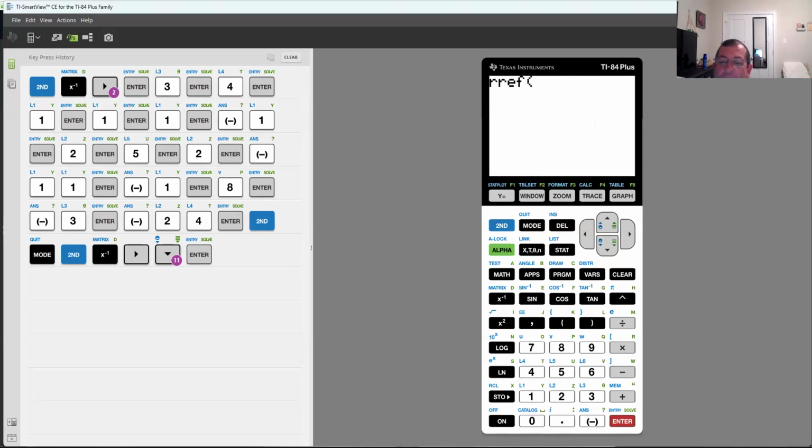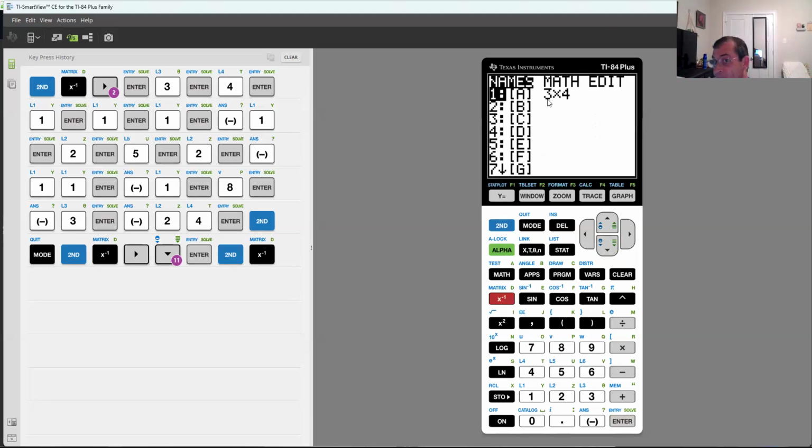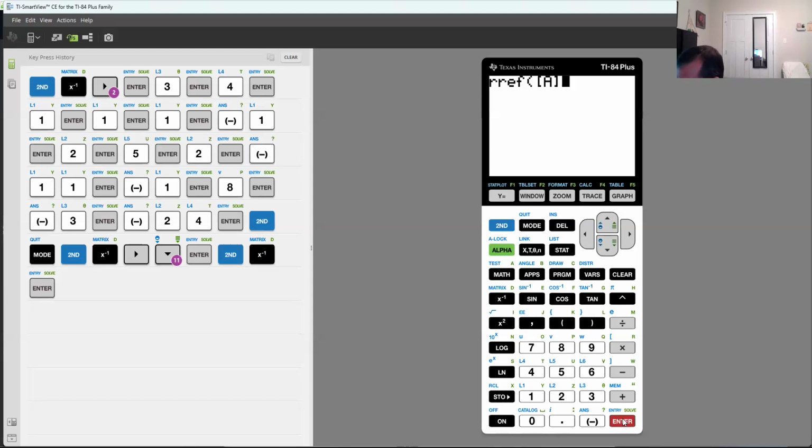So for the third time, you hit second, x -1. And y'all see how my A now has my 3 by 4 matrix sitting there? I can just hit enter on this screen. It's going to pull my matrix up. And y'all remember what answer we got a while ago? I thought we got what? 3, -3, -1.